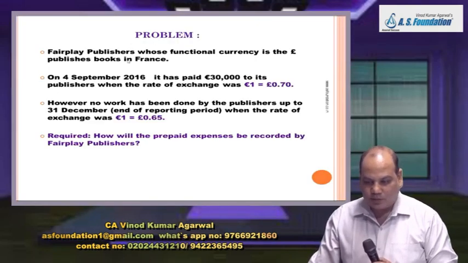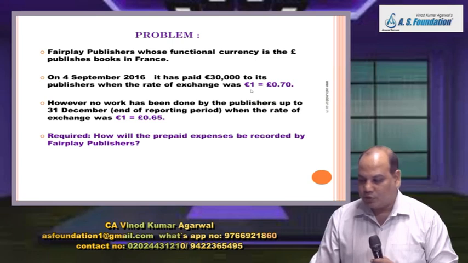Next question. 16. Fair play publishers, whose functional currency is pound, publishes books in France. On 4th September, it has paid euro 30,000 to its publishers when the exchange rate was euro 1 equal to 0.70 pound.